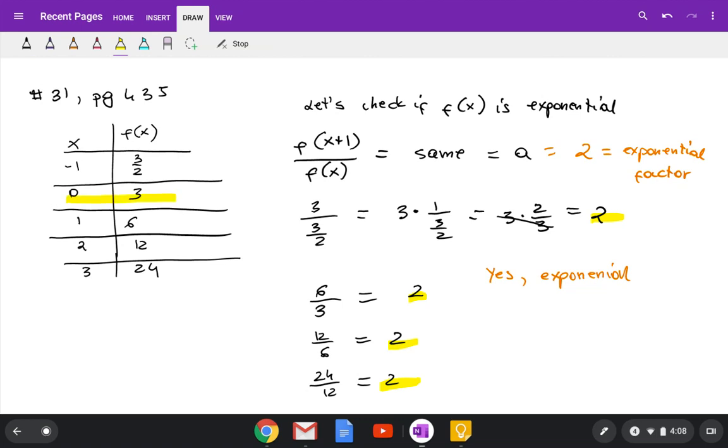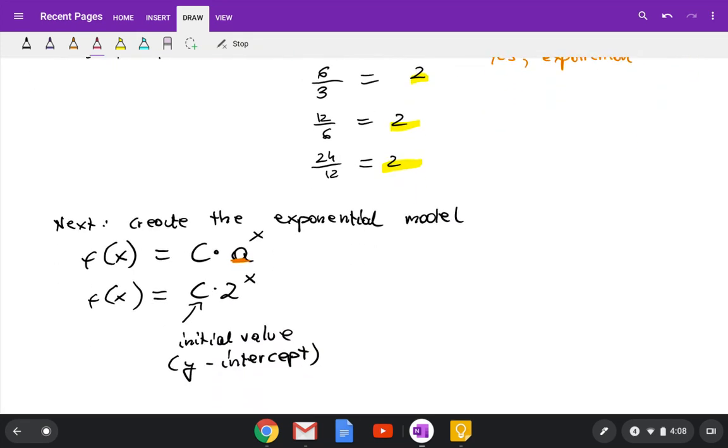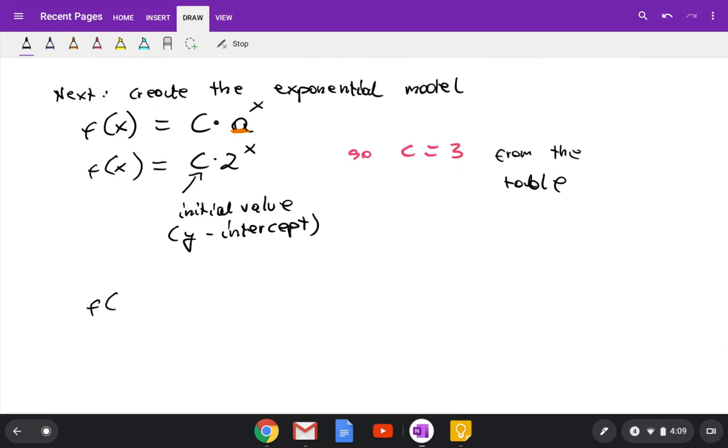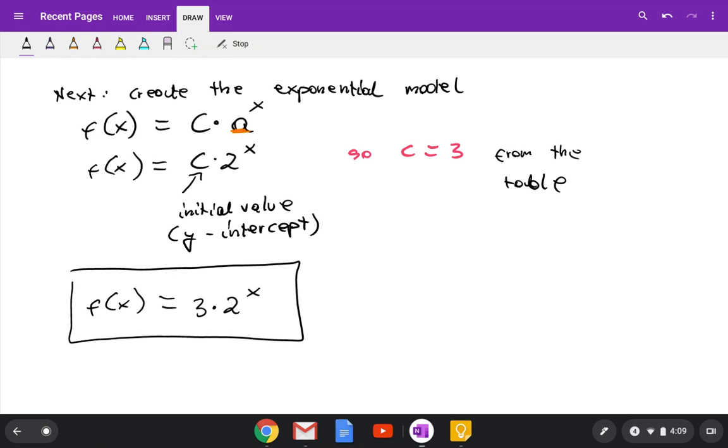They gave you 0, comma 3, which means this is the y-intercept, which is c. c is equal to 3. I didn't do anything, this is from the table. So our exponential model will be f of x equals 3 times 2 to the power of x. This is our exponential function.